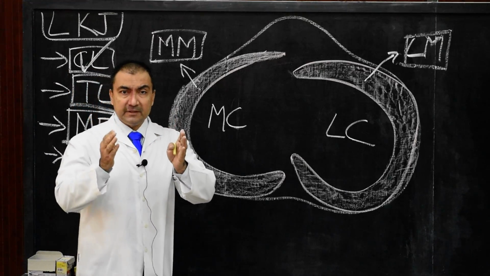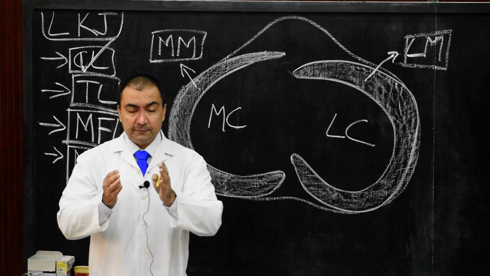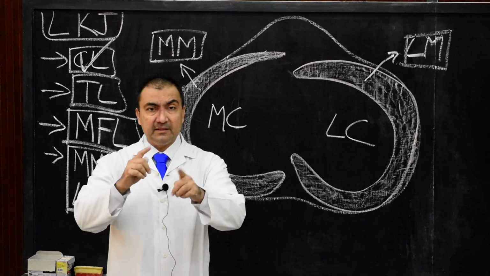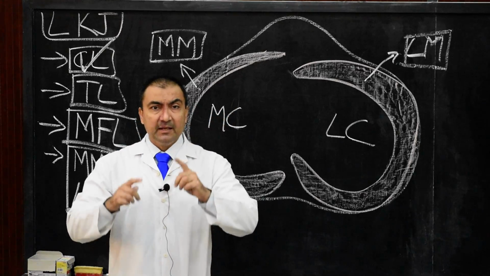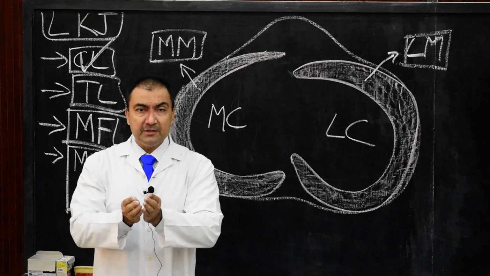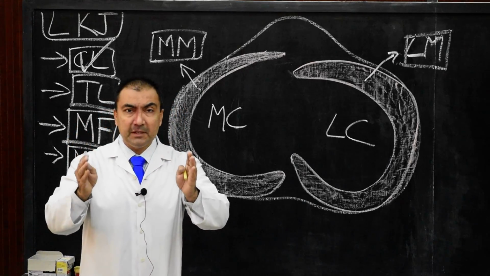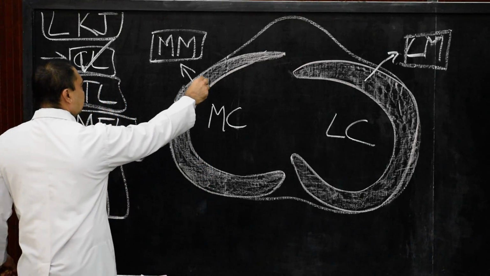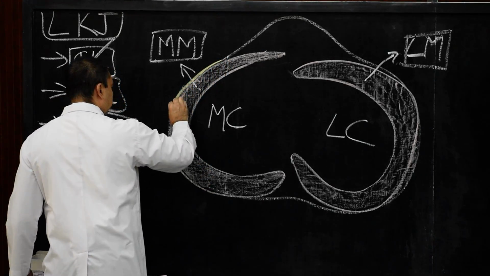That means the inner lining of the fibrous capsule of the knee joint will provide attachment to the peripheral portions of the menisci that we have discussed in the previous segments in the capsular ligament. So here, this will be the fibrous capsule.